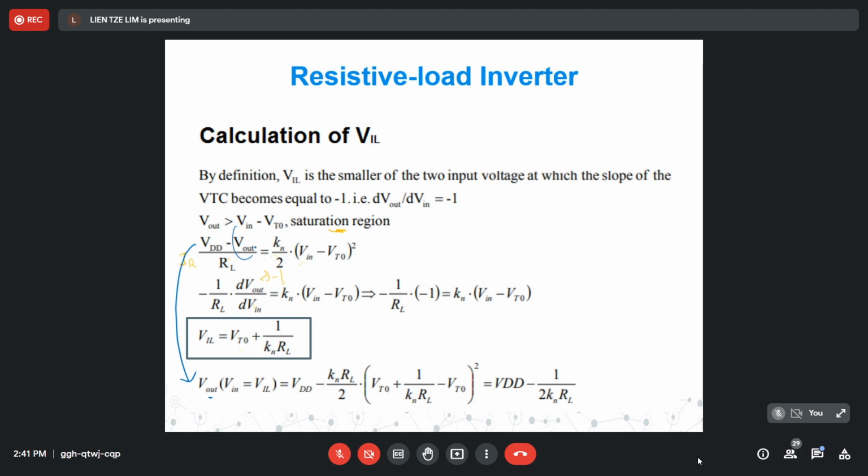There is a Vout here. We do some rearrangement in the formula, and then the Vin here must be substituted with this VIL. Then you will get something like this. This formula is for Vout.